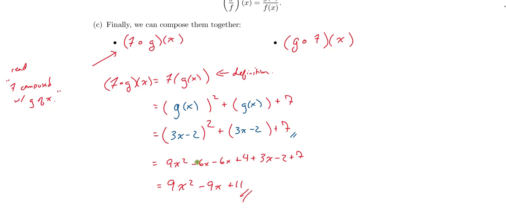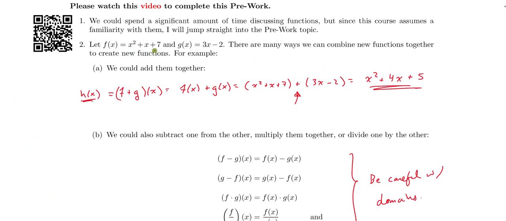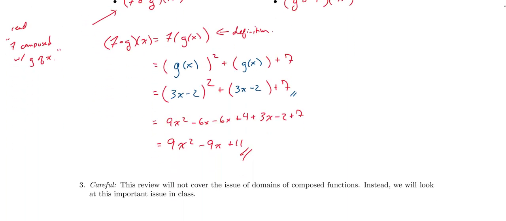So we got this new function, f composed with g of x, which ends up being a quadratic, 9x squared minus 9x plus 11, that I got by taking the function g of x, and everywhere I saw an x in the original function expression, remember there's the original function expression right here, everywhere I saw an x in this expression, I replaced it with the name g of x, and then I eventually replaced that with the expression for g of x.